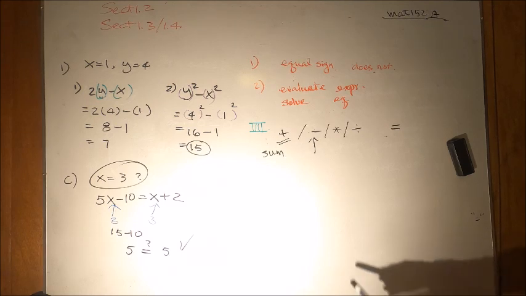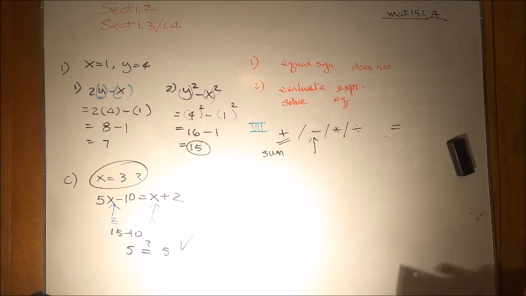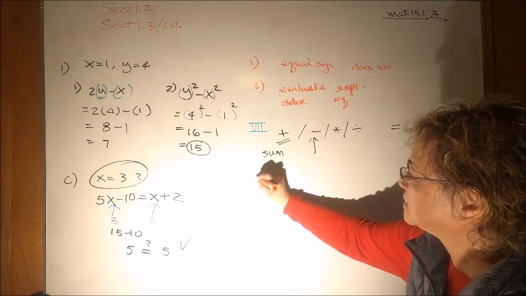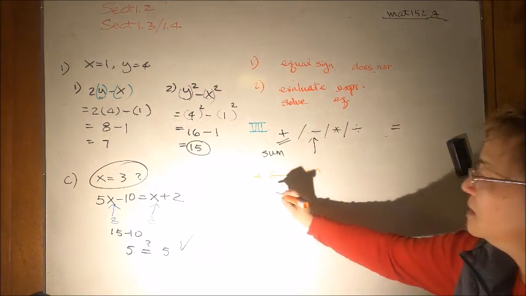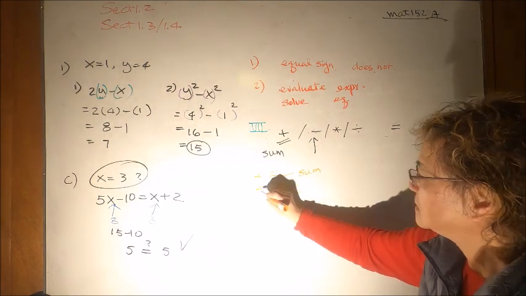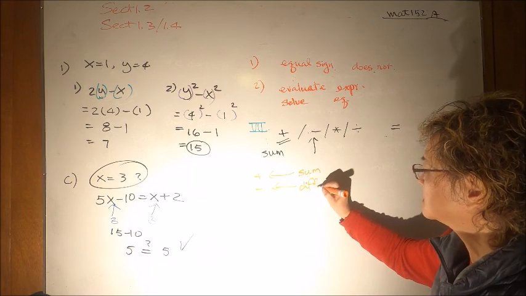Right? When do you multiply? When it says, find the product of two numbers. So when you add two numbers, we say it's the sum. When you subtract two numbers, we say difference.